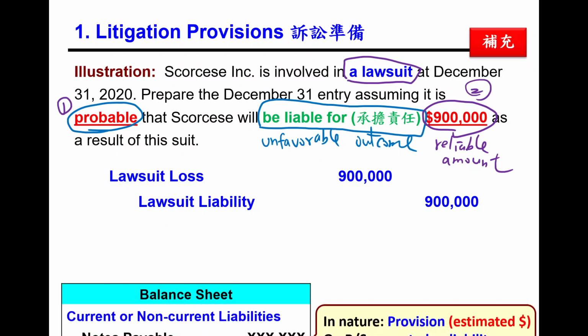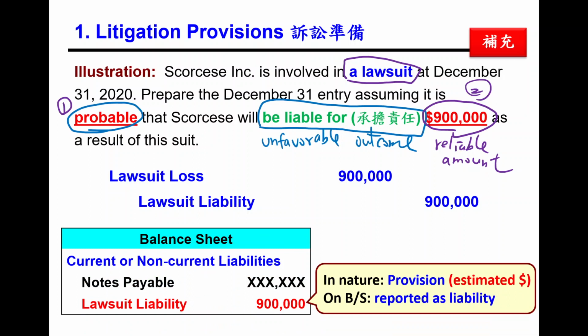After this, you will find the lawsuit liability on the balance sheet. Current or non-current depends on the time, right? For this case we are not sure, because it didn't tell us, so it could be current or non-current, depending on time.